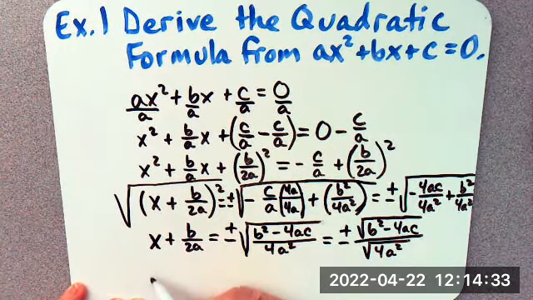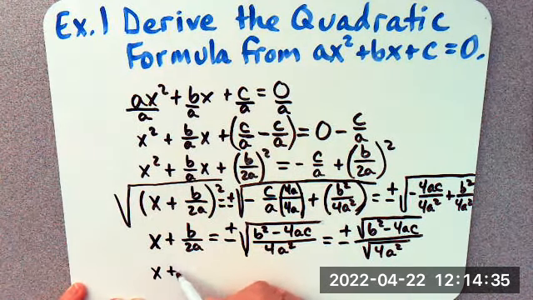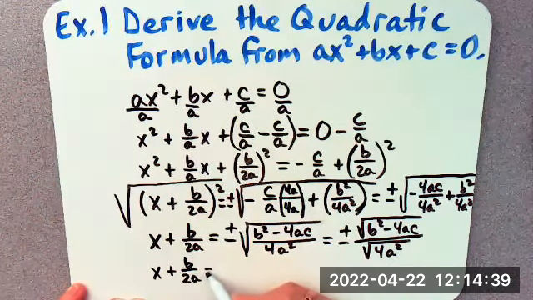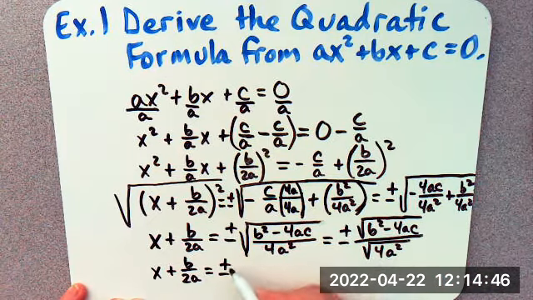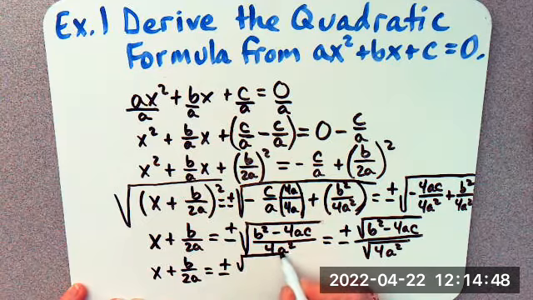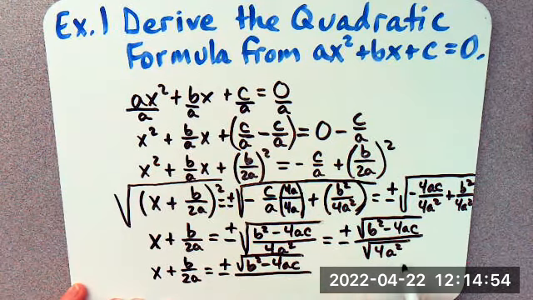So we have x plus b over 2a equals plus or minus, and now when I take this out of the square root, I have the square root up here of b squared minus 4ac, and down here I just have 2a.